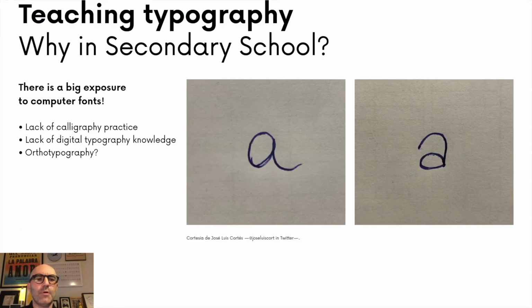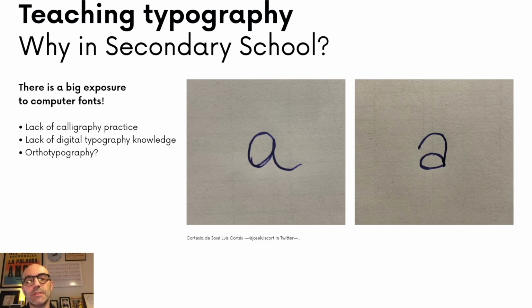So what's the point of this? There is a big exposure to computers and phones, right? Typography is present in our everyday life, but secondary school students jump into text processors like Microsoft Word or whatever.